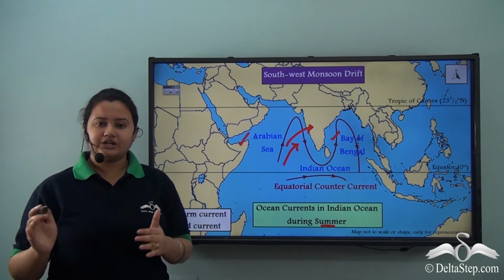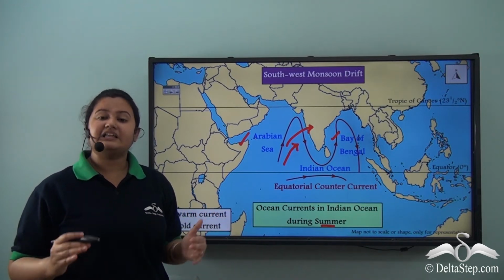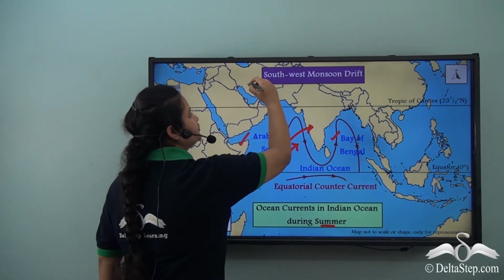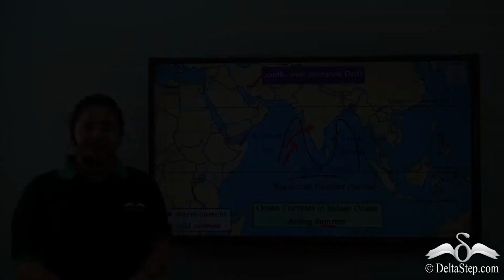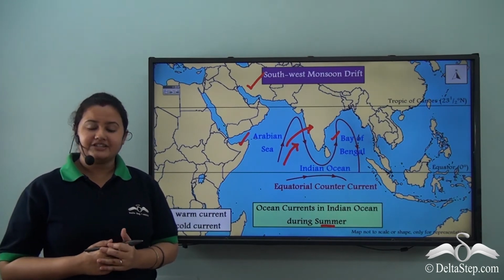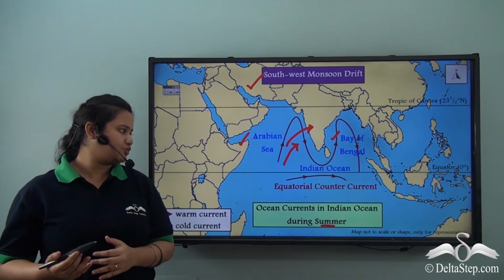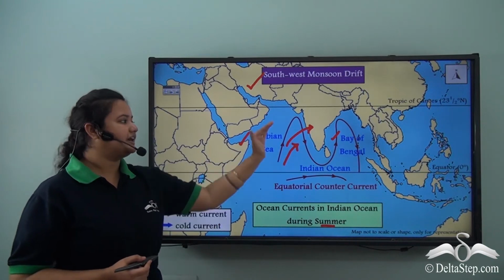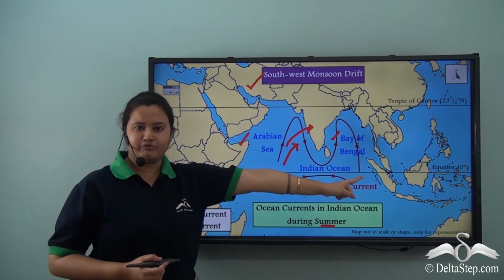So, the ocean currents that are prevalent in the Indian Ocean during summer are called the southwest monsoon drift. So now let us understand the circulation of ocean currents during summer in the Indian Ocean. In the Indian Ocean, we see that the ocean current travel in southwest direction in the Arabian Sea and in the Bay of Bengal region.